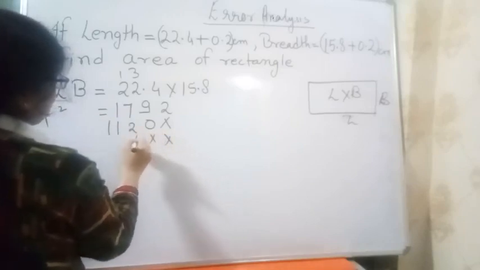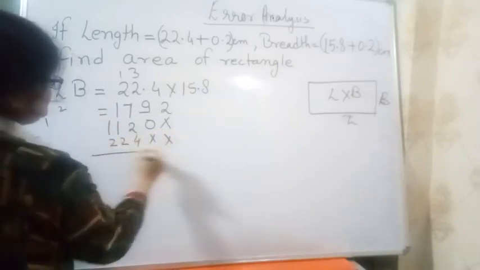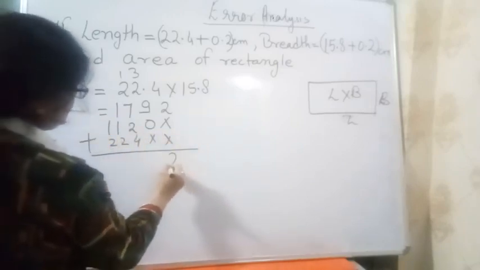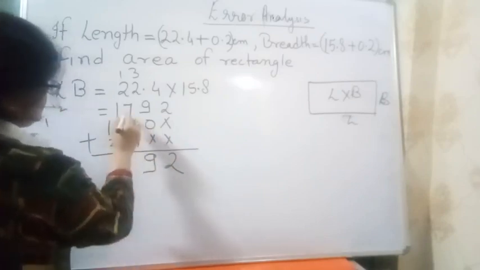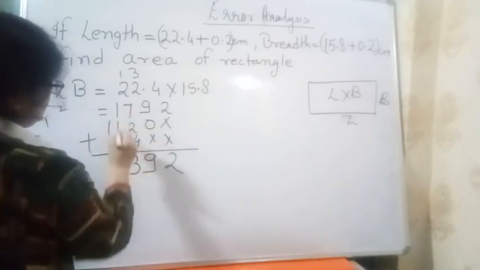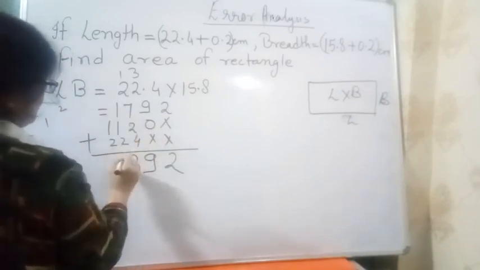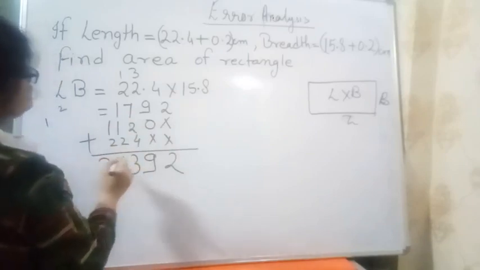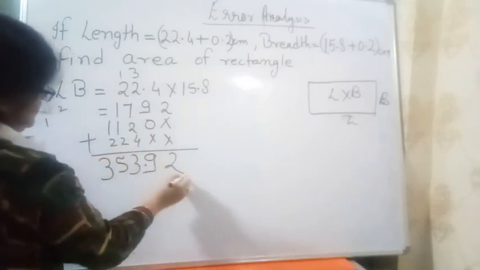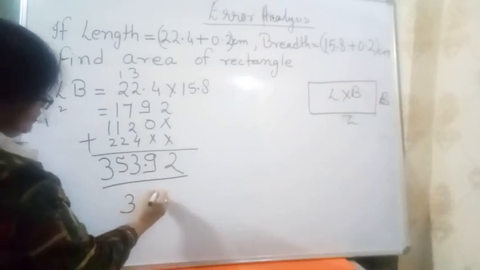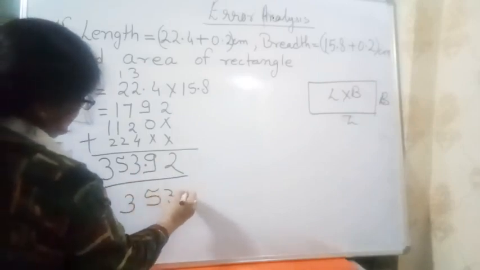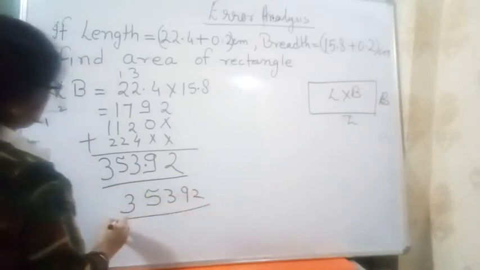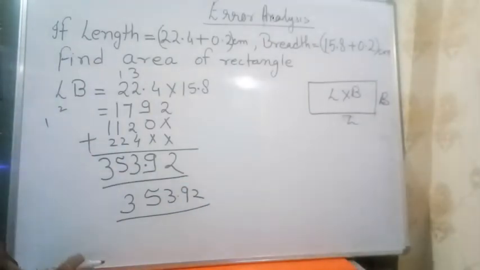After that we have 4, 2 and 2. Now add this, we have 2, 9, 7, 2, 9, 4, 13, 2, 1, 3, 1, 4, 1, 5 and 3. Clear? And 2 decimal places. That means we have the value 353.92. This is the value when we multiply these two.